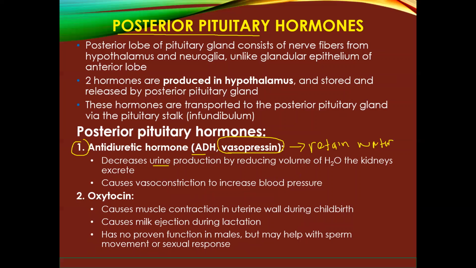The second hormone from the posterior pituitary gland is oxytocin, or sometimes it is called OT. The main function of this hormone is increasing uterine wall contraction during childbirth.